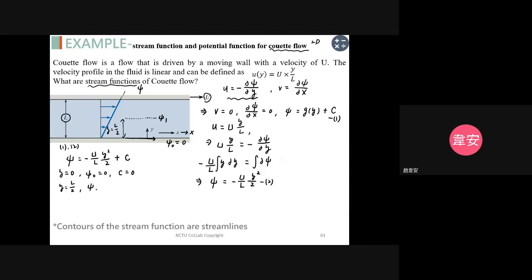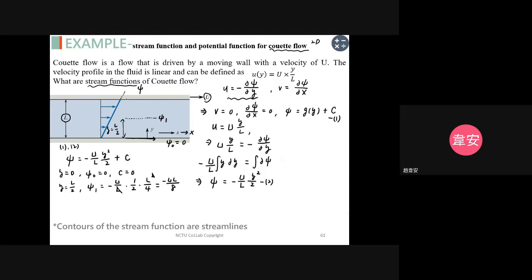So what is ψ1? ψ1 is equal to minus u divided by L, times 1 over 2, times y squared. Y is L over 2, so y squared is L squared over 4. You can cancel out the L, and we only have minus uL divided by 8.